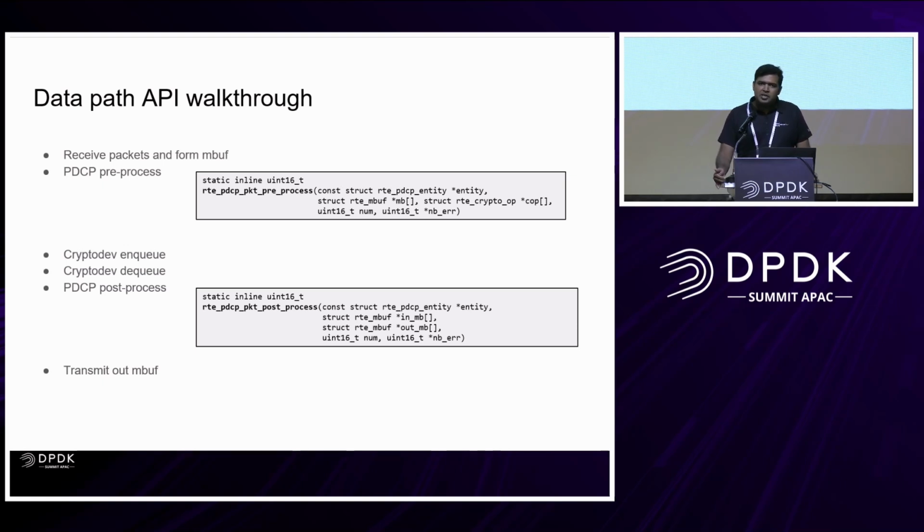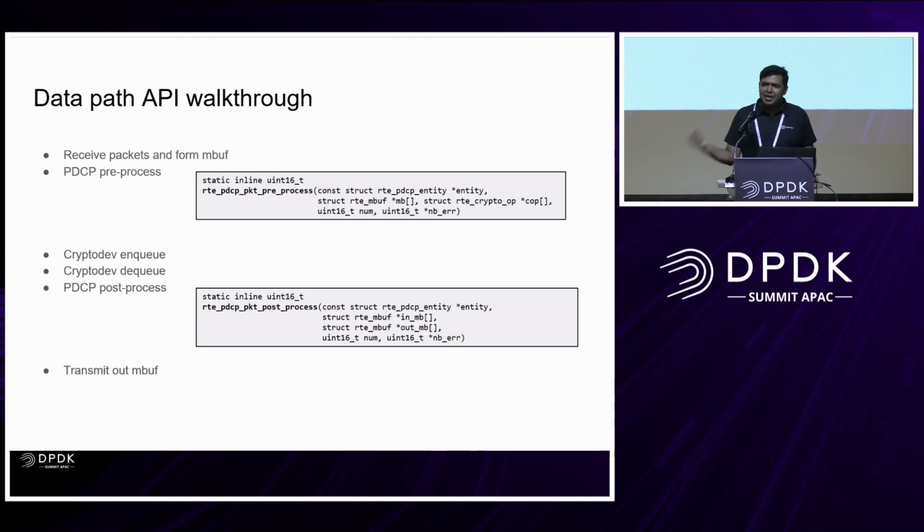Post-processing is where the reordering would happen, like many of the features that we talked about. For the receiving entity, since this particular API performs the in-order delivery functionality, it can take a number of packets and return a totally different number of packets.